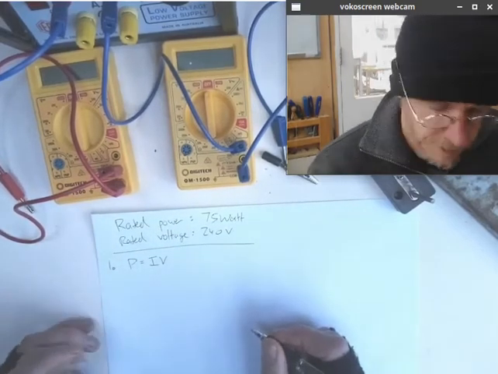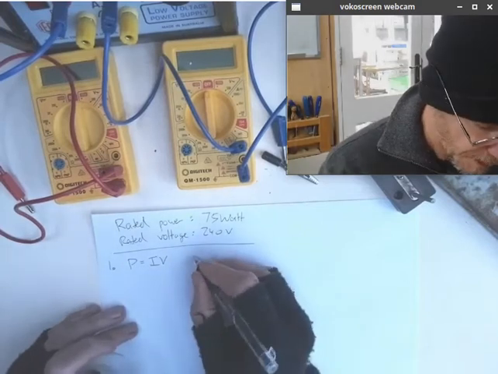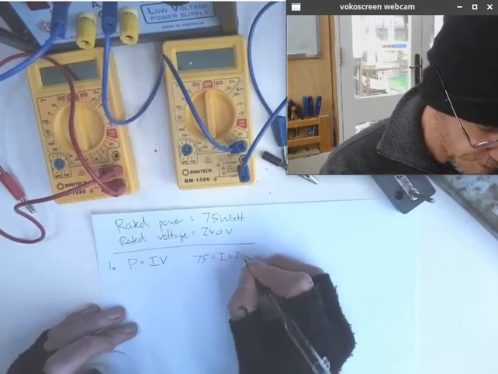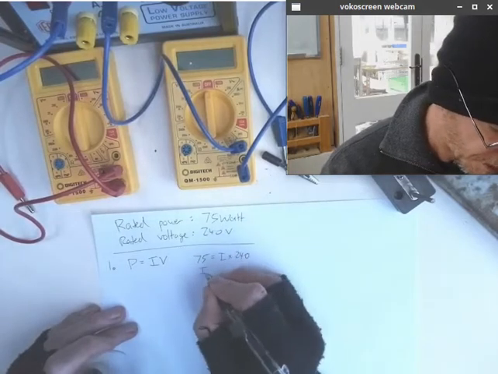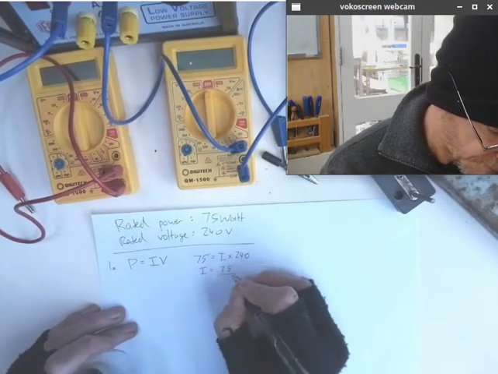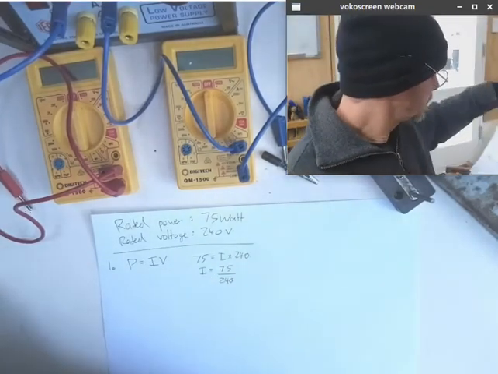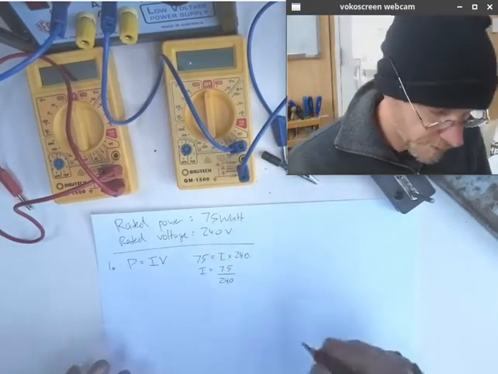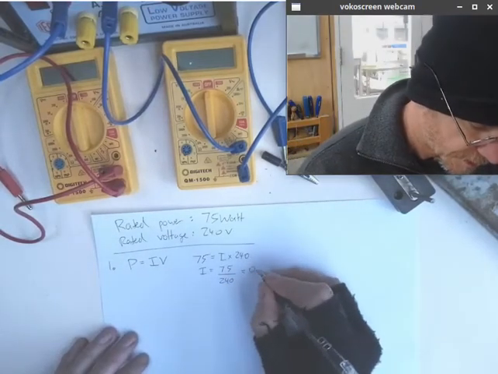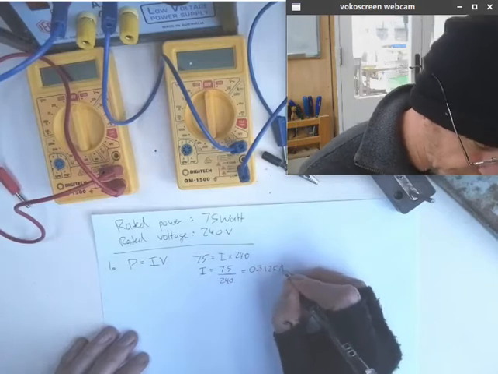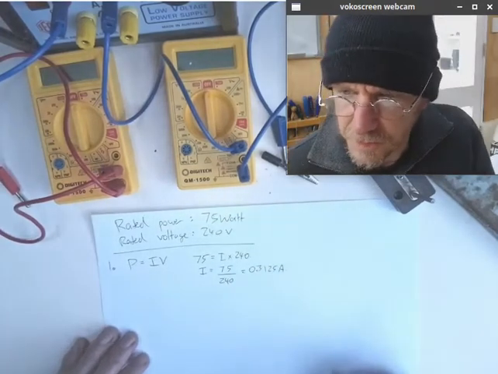So 75 equals I times 240. I equals 75 divided by 240, and that is 0.3125 amps. Okay, so that's our starting point.